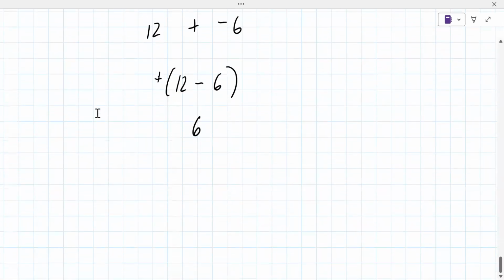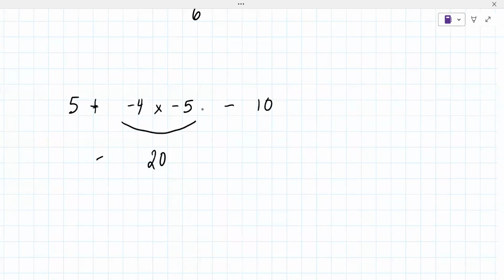Okay, let's try another one here: 5 plus -4 times -5 minus 10. So what do you do first? Multiplication. So you multiply these two numbers together. 20.